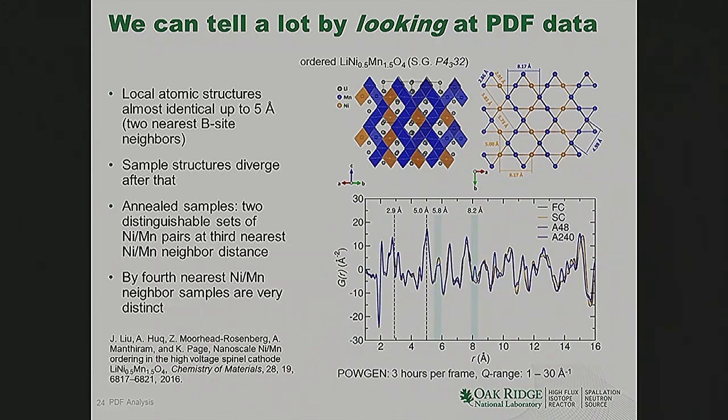So if I draw the lattice here of just the manganese and nickel on one plane of this material, I can draw 2.86 and 2.91 angstrom distances, 8.7 here, 5.73. I can just tell by eye that locally, all four of these materials have identical local structure. It's when I go to the third and fourth cation neighbors that I start seeing a difference. And farther out, they're starting to look pretty different.